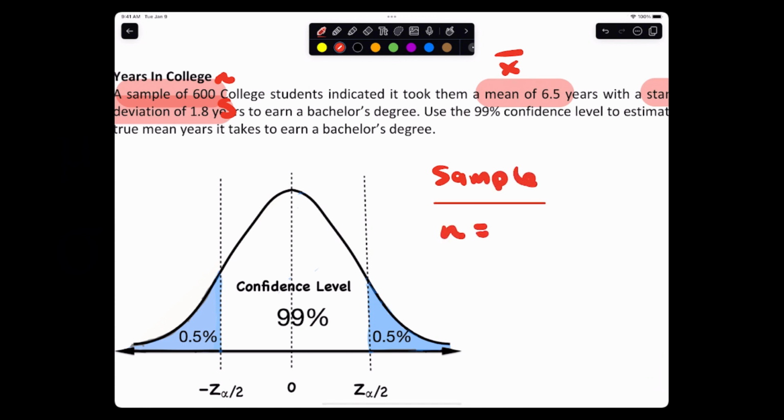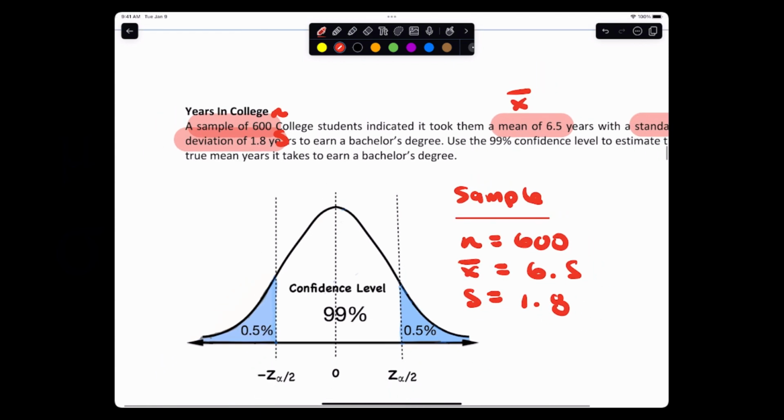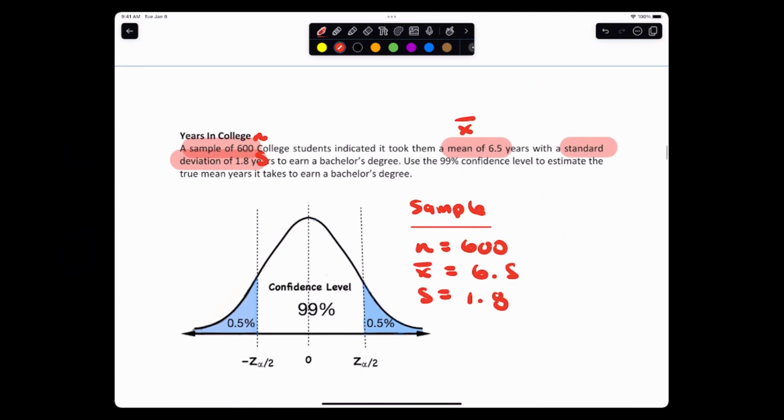N is 600. Sample mean is 6.5. Sample standard deviation is 1.8. So far, so good?